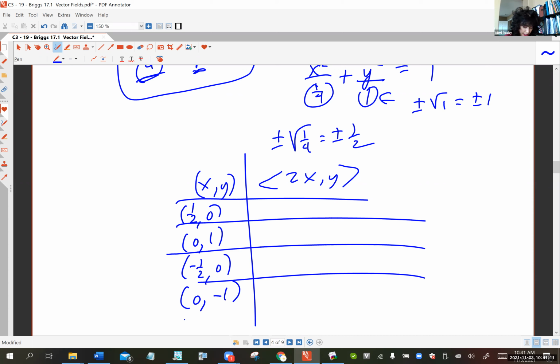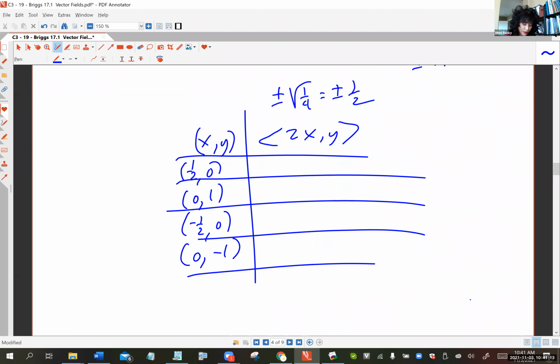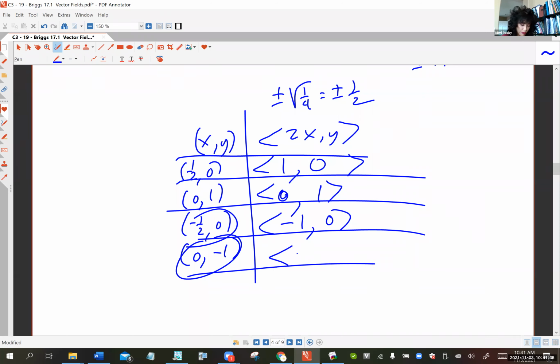And then honoring the vector field here, which is (2xy, ...), twice a half is really 1, and then y is just 0. The point (0, 1) will give me twice 0, which is 0, 1. And then (-1/2, 0) will give me (-1, 0). And then the last point, (0, -1), will give me (0, -1).